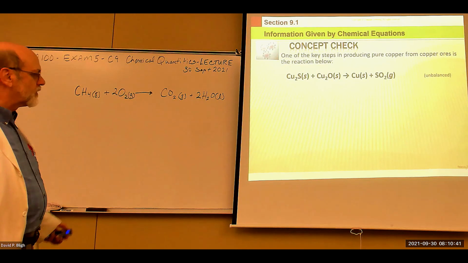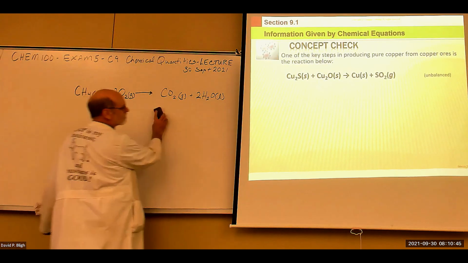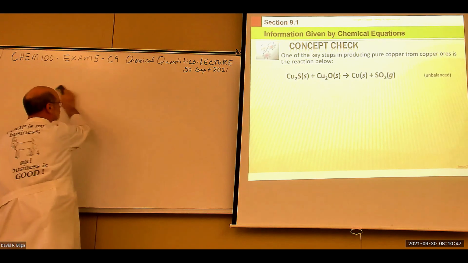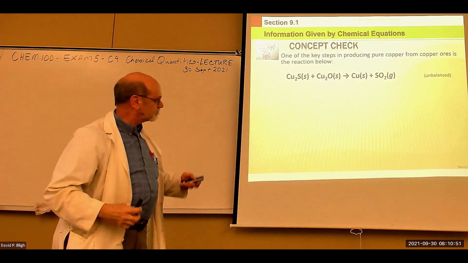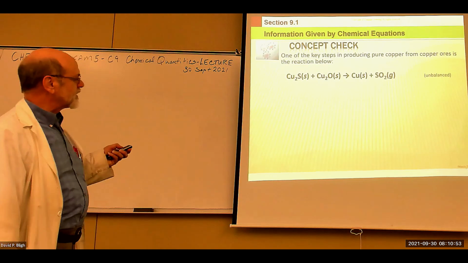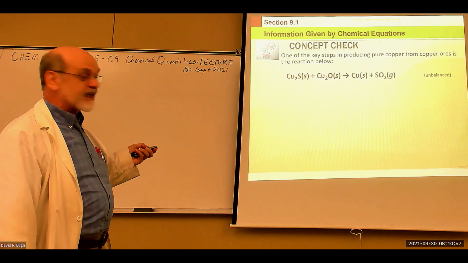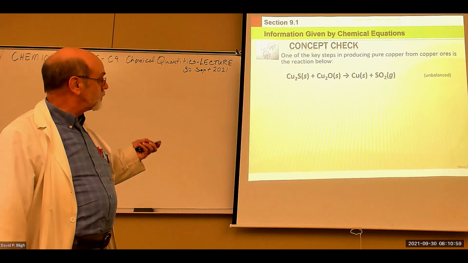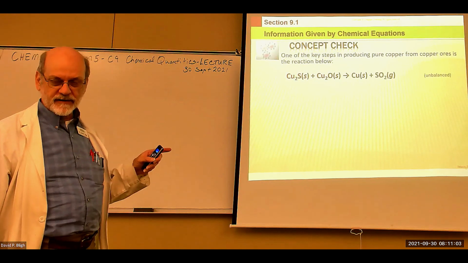So here's another equation. And this one is written in such a way, notice that this molecule is exactly the same as that one. So we could write this one with just one of those formulas and a 2 in front of it.